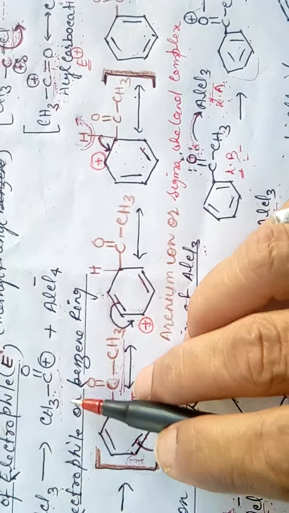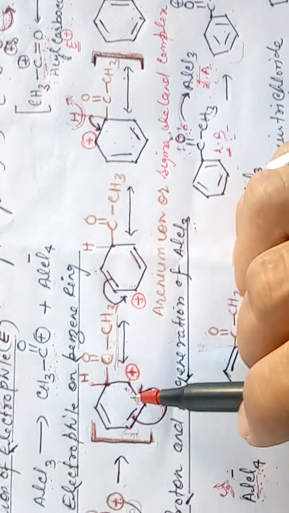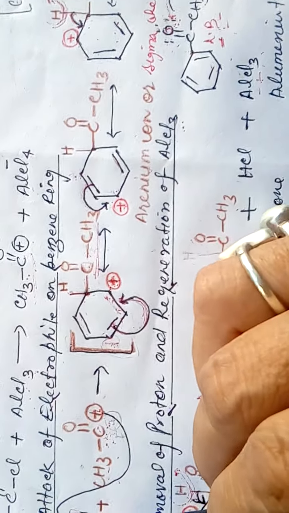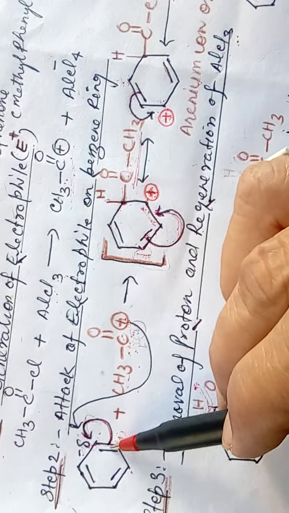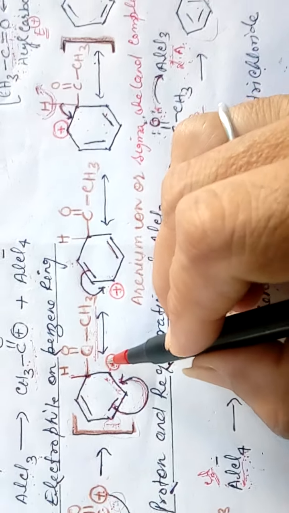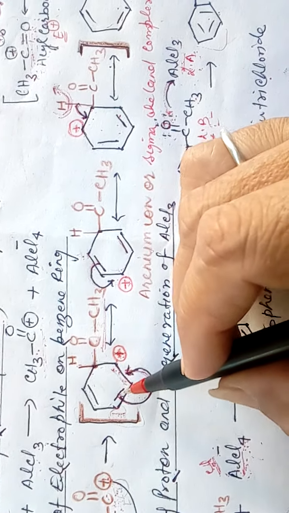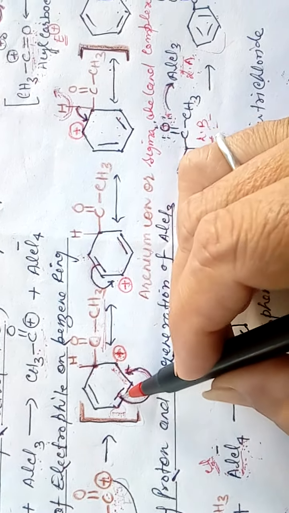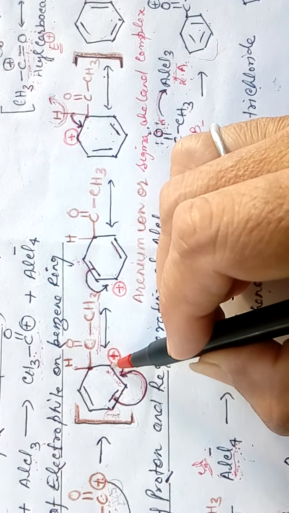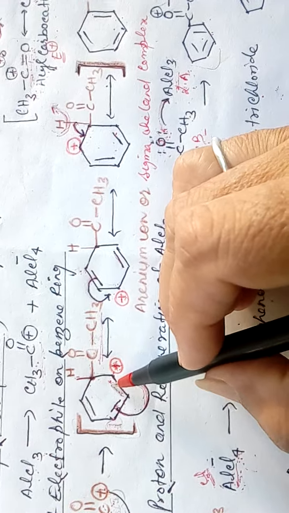Now this acyl carbocation joins on the benzene, and this carbon gets positive charge because the double bond shifts from here, and this positive charge is neutralized by this pi electron shifting towards this positive charge and neutralizing this positive charge and forming a double bond here.